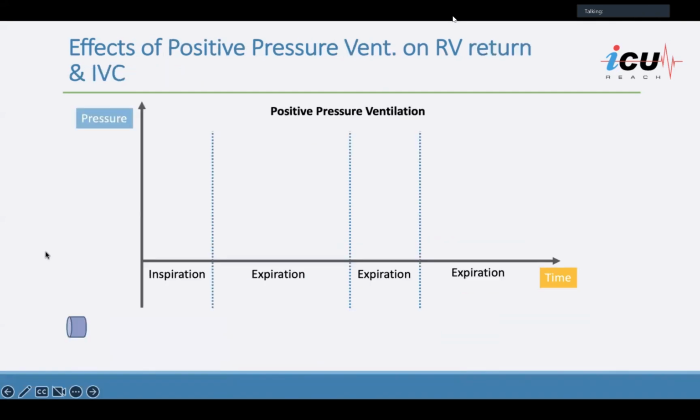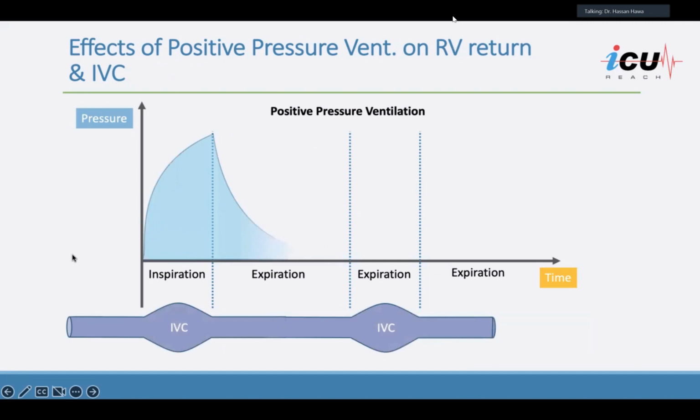On the other hand, we know with the positive pressure ventilation that the intrathoracic pressure is quite high during inspiration, and this will lead to impediment to the venous return through the IVC, and that IVC will get engorged and expanded.